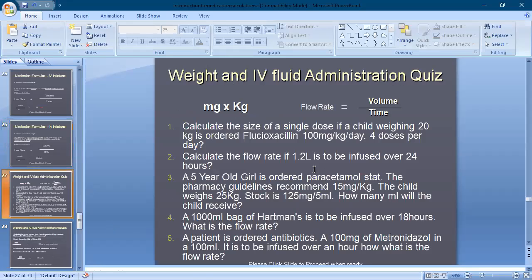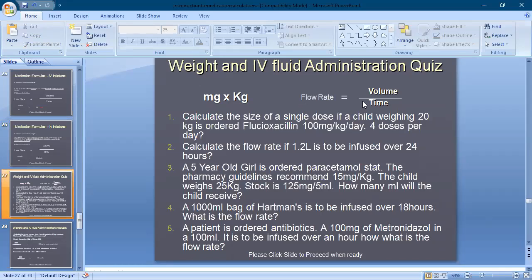And here are some examples we left. Calculate the body weight and also the fluid administration. For all of these examples, we have to use the flow rate equals volume per time. If you use this volume per hour flow rate formula, you are able to calculate. But keep in mind, if anything is mentioned per kilogram of body weight, we have to convert it, right?